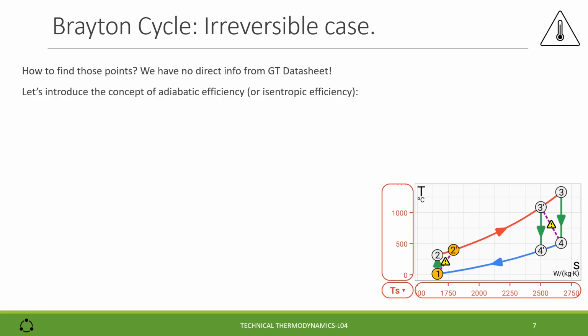Let's introduce the concept of adiabatic efficiency or isentropic efficiency. For a compressor, this efficiency is the ratio between the isentropic work and the real work. And because the transformation is adiabatic, the work we can express as differential enthalpy.